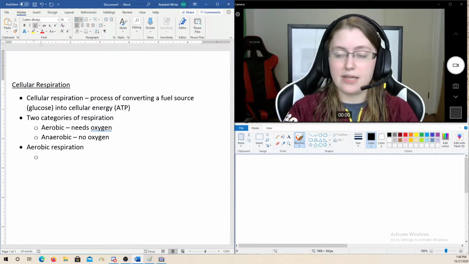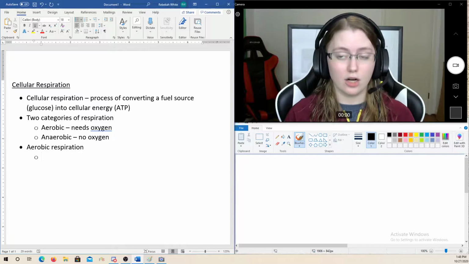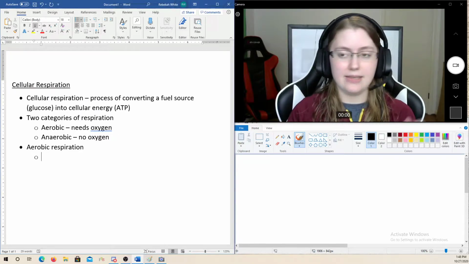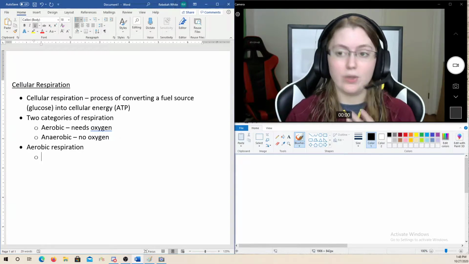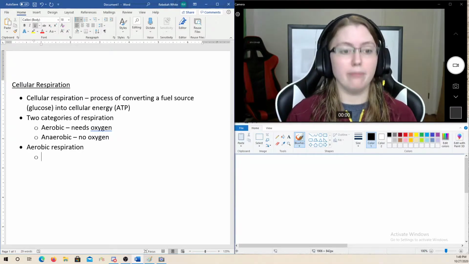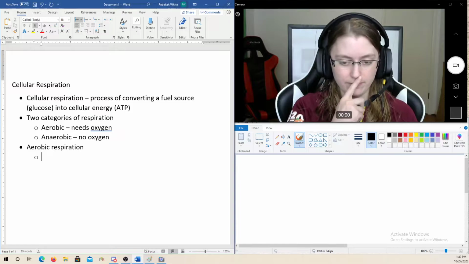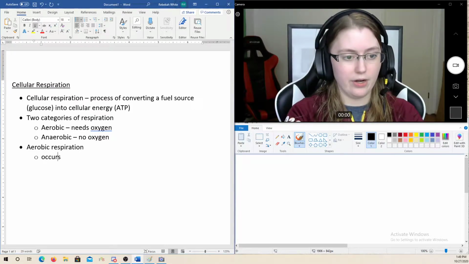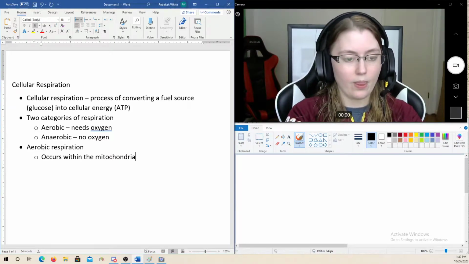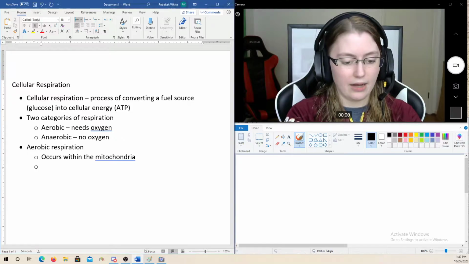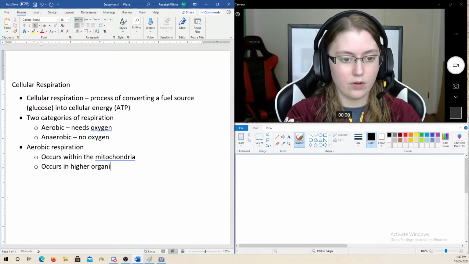This is the type of respiration that requires oxygen, and it is a multi-step process that happens within mammalian cells, within the mitochondria. So this one occurs within the mitochondria. And it occurs in higher organisms.